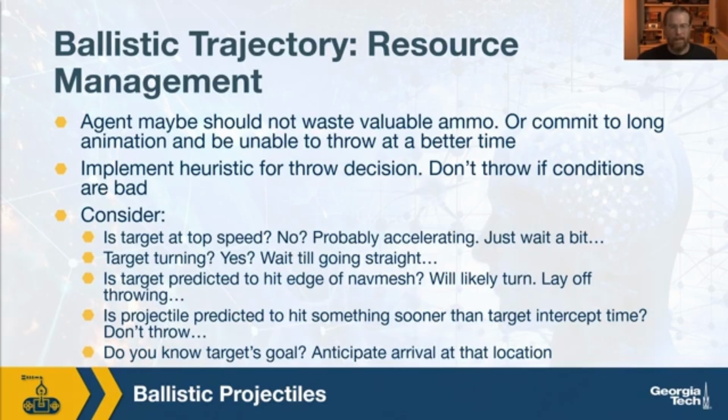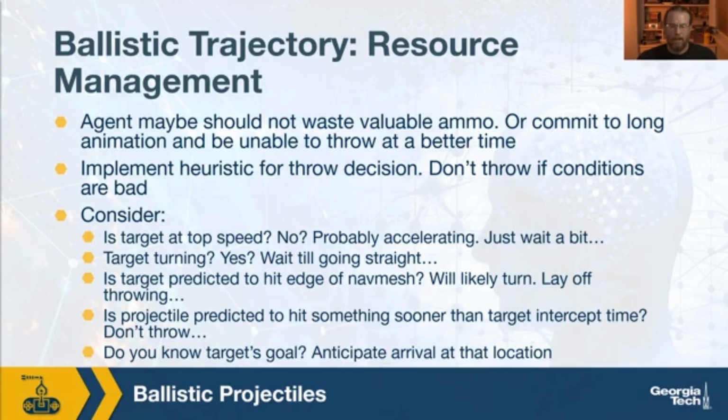And if the target happens to be on a nav mesh, you can check to see if it continues on its current course, once you solve a t value for collision. You could say, all right, with the current position of the target, we're going to extrapolate from there, assuming constant velocity. Well, if that hits the edge of a nav mesh, then it probably isn't going to continue going that way because it would run into a wall.